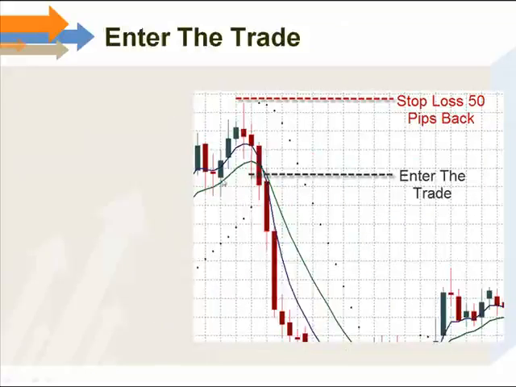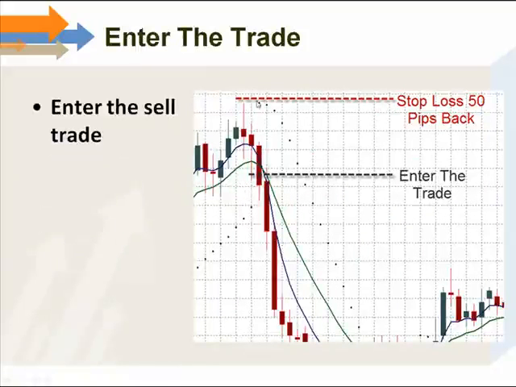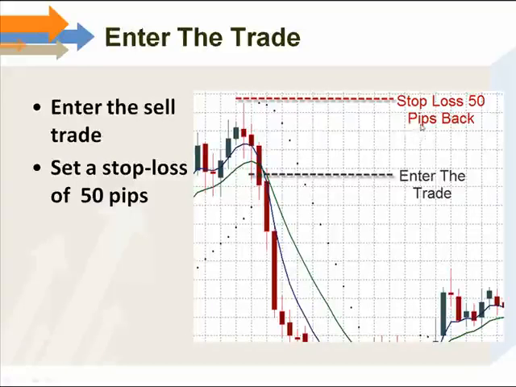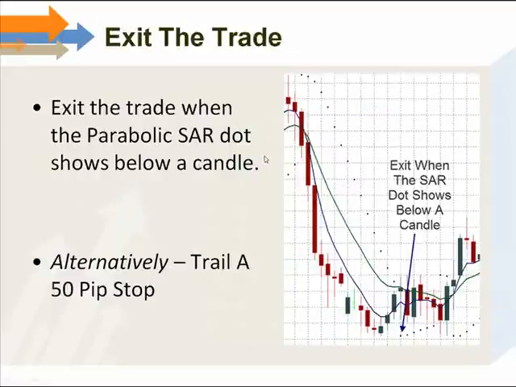So let's do that. When we enter the trade, we enter at that point. We enter the sell trade, and we set a stop loss. And this is to protect us in case things don't go our way, 50 pips back from the entry point. And then once we're in the trade, we exit the trade when the parabolic SAR dot appears below a candle.